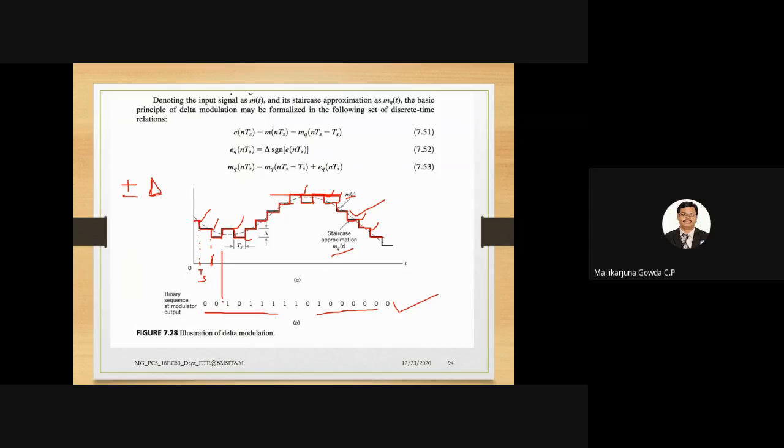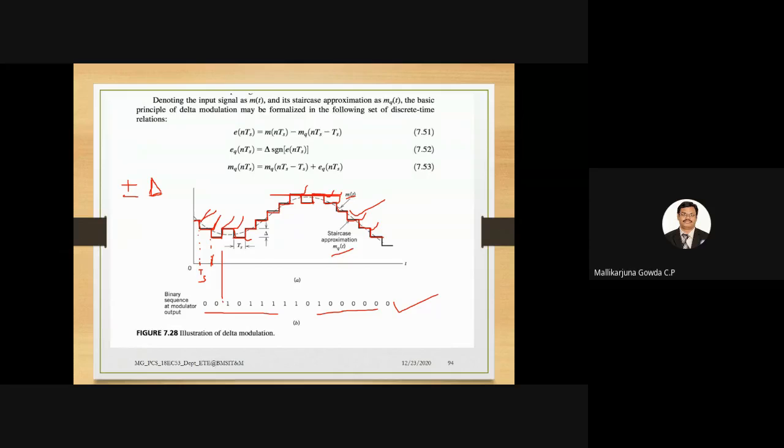Whenever the approximated signal is greater than the analog input signal, okay, it will be decremented by delta. Whenever the approximated signal is less than the analog input signal, then it will be incremented by delta. Hope at this point is decremented by delta, at this point also decremented by delta, but at this point it will be incremented by delta.